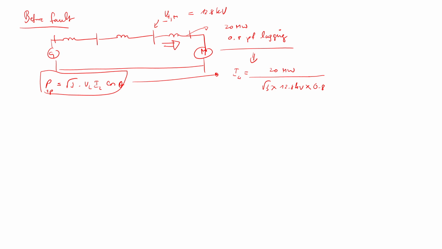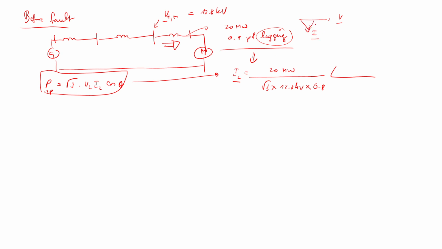This is just the magnitude you can see from this formula, right? There is no complex quantity in this case. But if you want to write in the phasor, you have to put the angle. So you can see that this is lagging power factor. Lagging power factor means you put V as a reference and I as a lagging power factor.